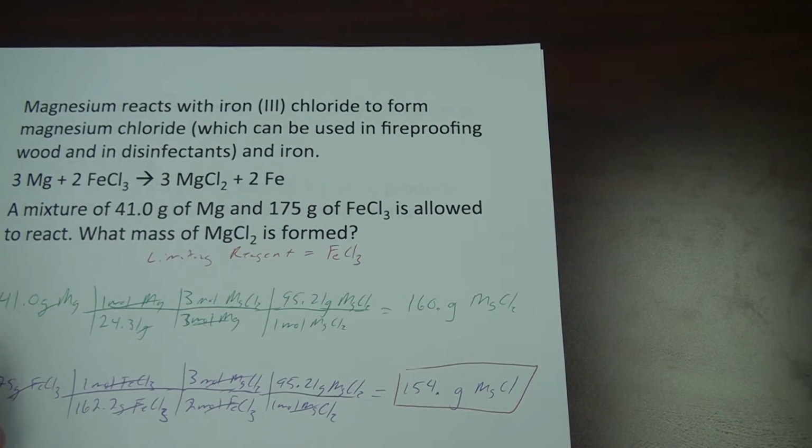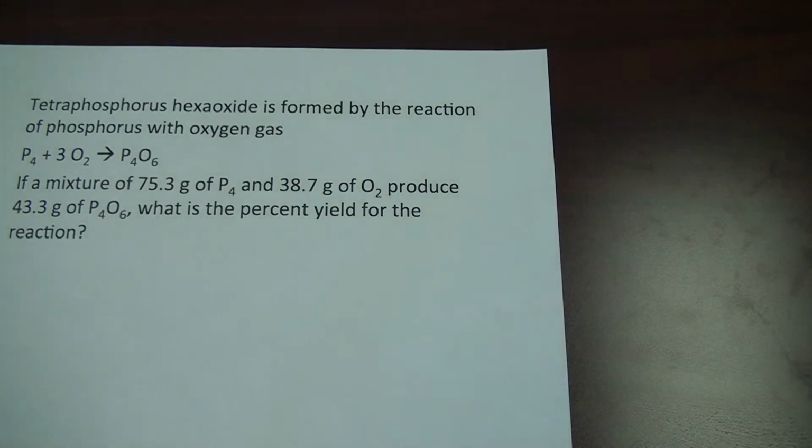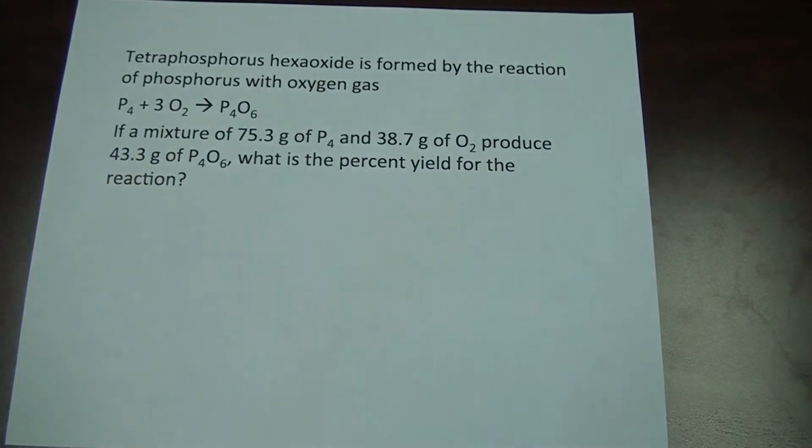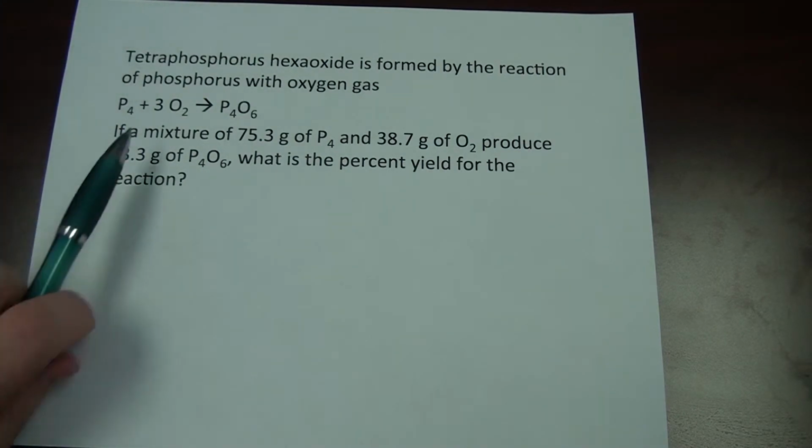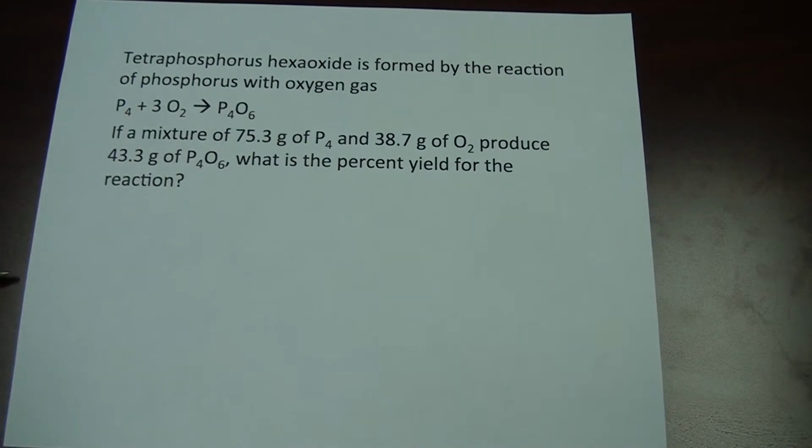And finally, let's do one more of those. So we have tetraphosphorus hexaoxide, which is formed by the reaction of phosphorus and oxygen. In this reaction, the elemental form of phosphorus, remember, is P4. Oxygen is O2, to form this P4O6.